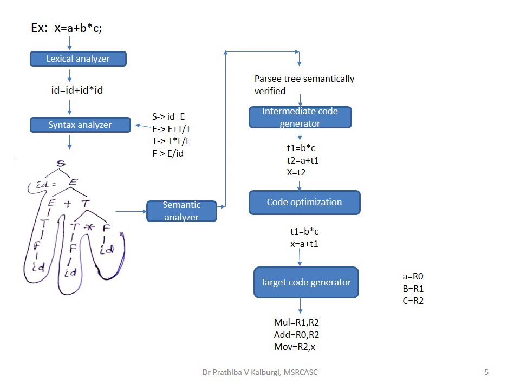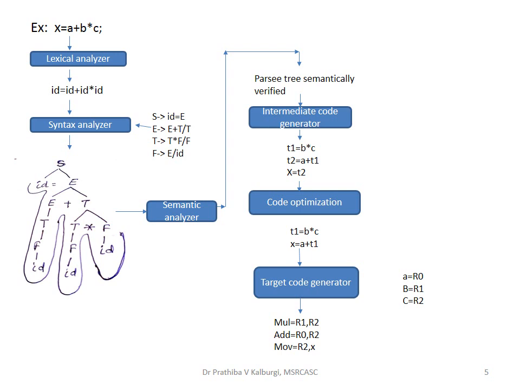Now if you look into the parse tree diagram, we have the statement. This statement derives the identifier, equal to an expression. This expression derives expression plus term, and this expression again derives term, and the term derives factor, and then finally the factor derives the identifier.